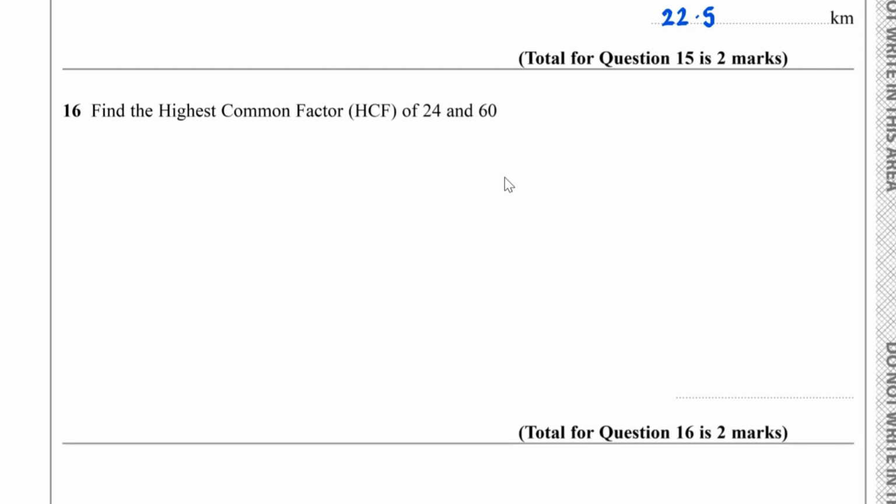Question number 16, we have to find the highest common factor of 24 and 60. Well, if I think about this 24, let's rewrite it in its prime factors. We've got two numbers which multiply to give 24, so we could have the 2 and the 12. The 12 we can split up as 3 times by 4, and the 4 we can split up as 2 times by 2.